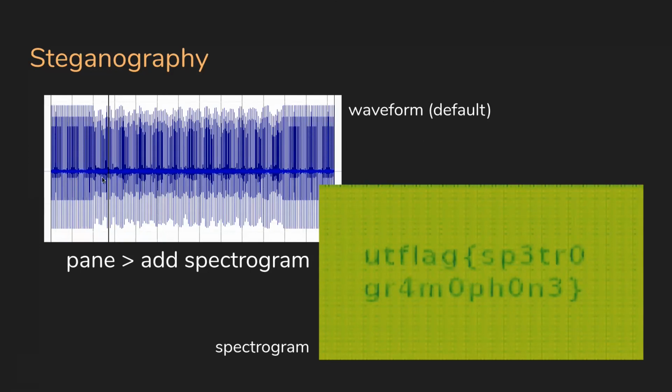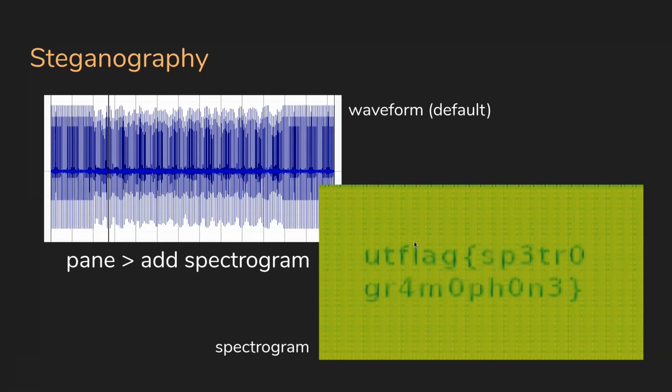When you open it, normally you have the waveform version of the audio file, and maybe you can tell that something's up with it, but you won't actually see the flag or whatever information is being hidden. Specifically for Sonic Visualizer, you would click on Pane and then add spectrogram. And then when you open it, you can see the flag is very obvious that it has encoded.